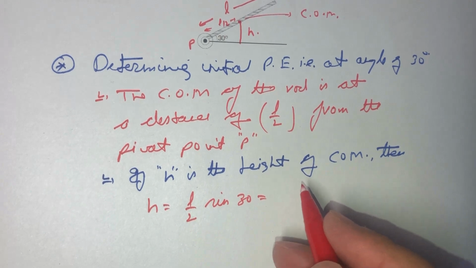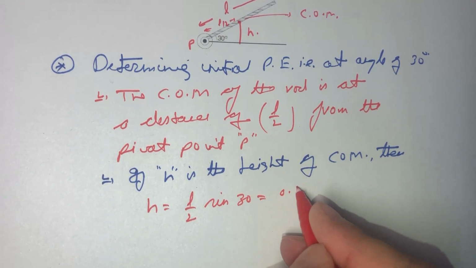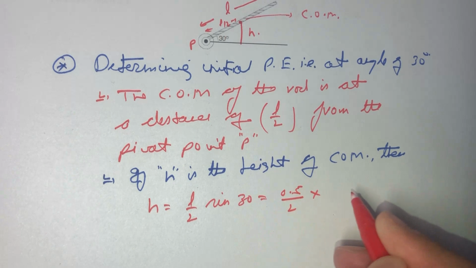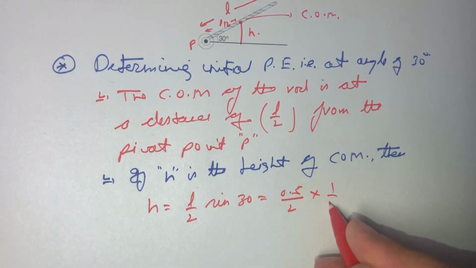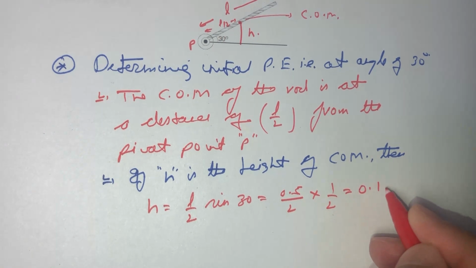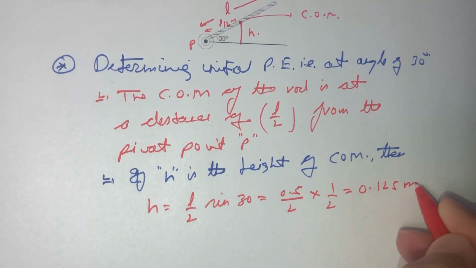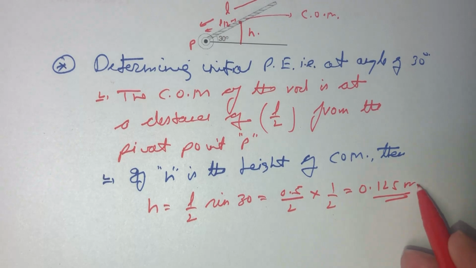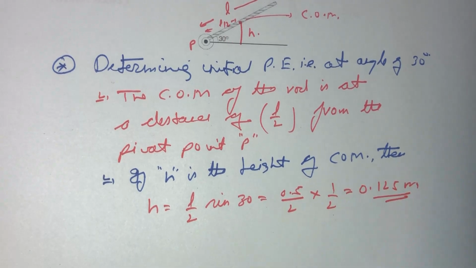Total length is given as 50 centimeters, so this will be 0.5 meters divided by 2. Sine 30 will be 1 by 2, and this comes as 0.125 meters. So this is the height of the center of mass.